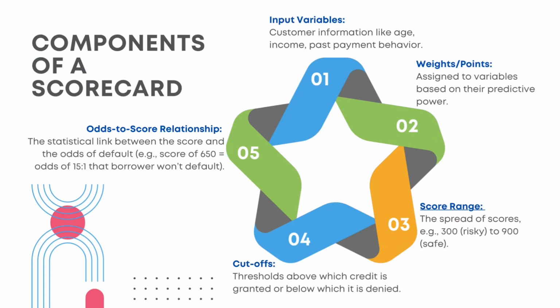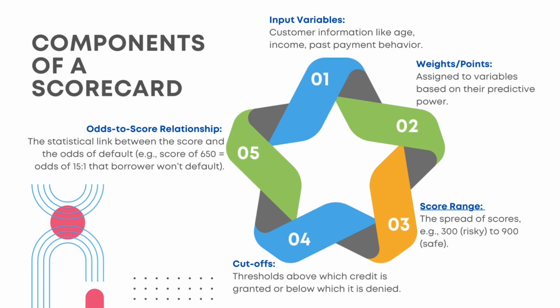So what are the components of a scorecard? To understand the model, we need to know its components, such as input variables. These are the customer features that go into the model, such as age, gender, or account behavior.